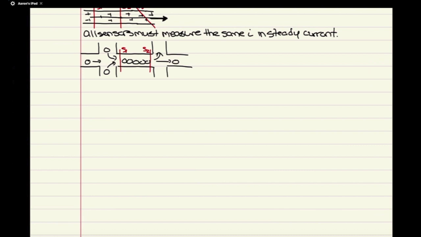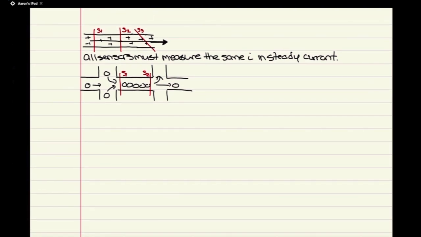So again, going back up to the case of current, the sensor 1 and sensor 2 I drew in the case of the cars, you can think of very similarly as this sensor and this sensor. But again, you can make the same argument for, say, sensor 2 and sensor 3. Because again, if there are more charges coming in where sensor 2 is than there are charges leaving where sensor 3 is, that is not going to be a steady situation.